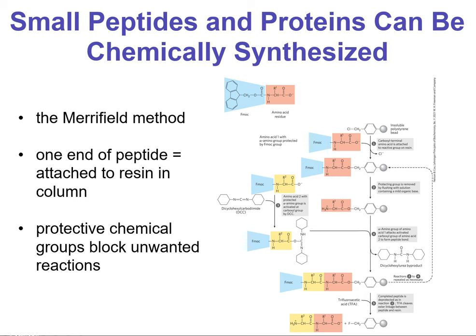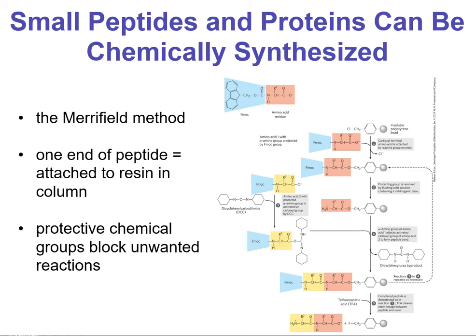You can use whatever chemistry you need to add on your next amino acid, and then you block that, and then you continue over and over again until you have made your peptide or your protein.